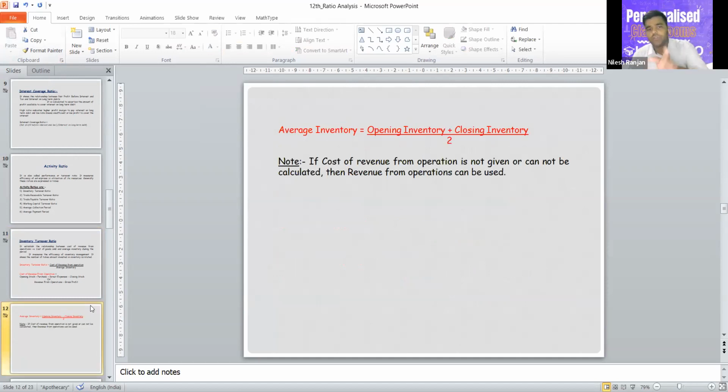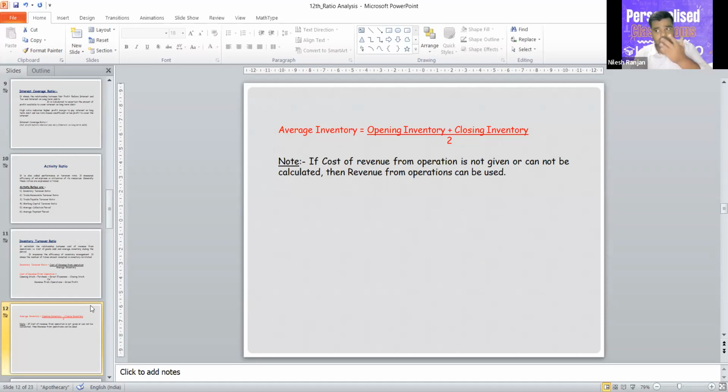Now, there is a note given: if cost of revenue from operation is not given in the question or cannot be calculated, both situations exist, then revenue from operation can be used. Okay, so if we are not able to find the cost of revenue from operation in question, it is not given, or we are not able to calculate it also, then we can use revenue from operation.